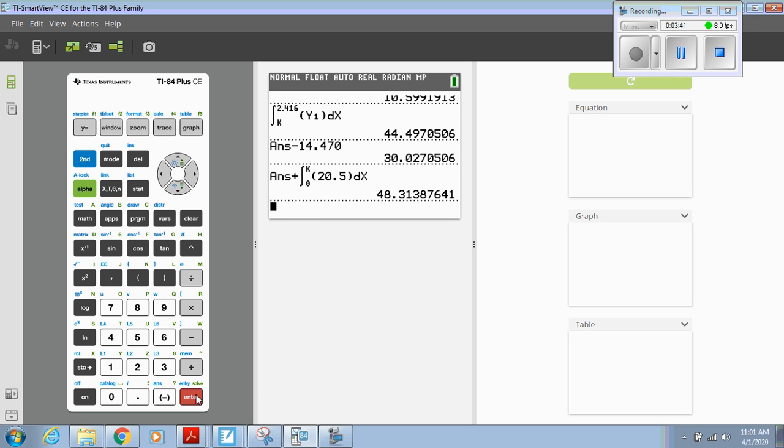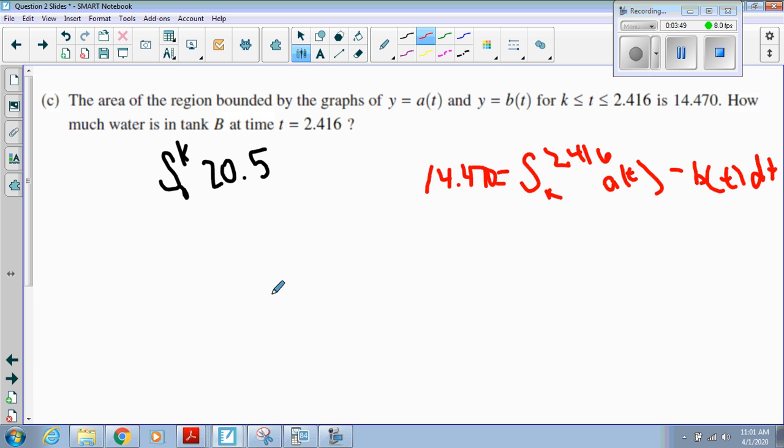And so we added it together, and our answer here is 48.314. So we would have taken this and added it to what we've got here, and we would have gotten a total of 48.314.